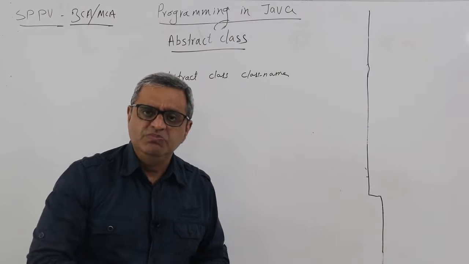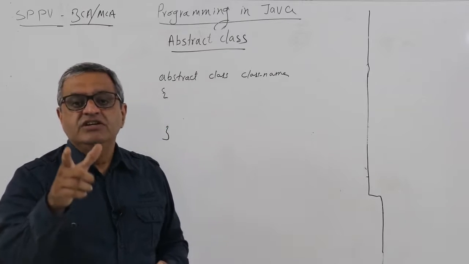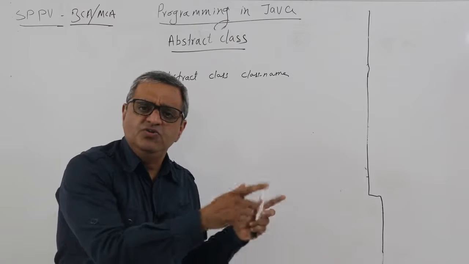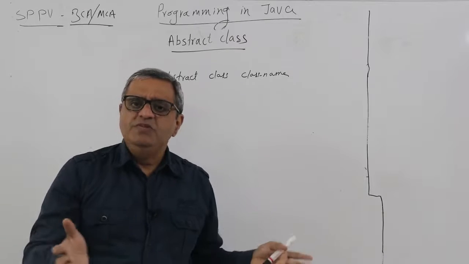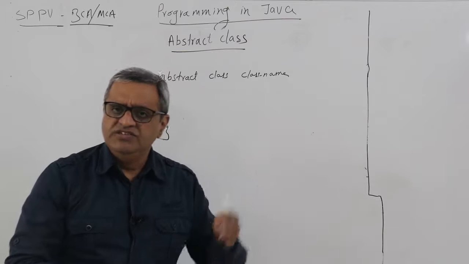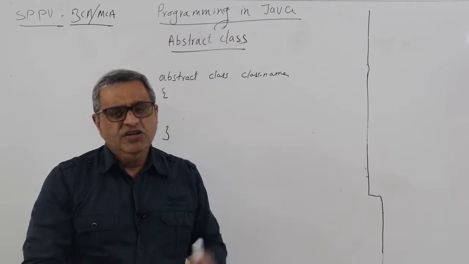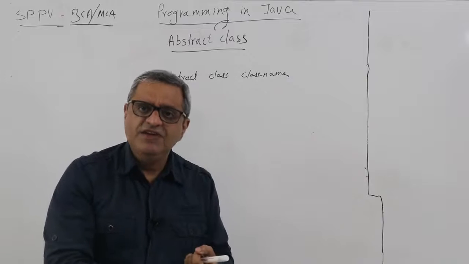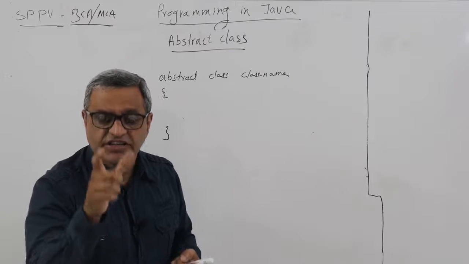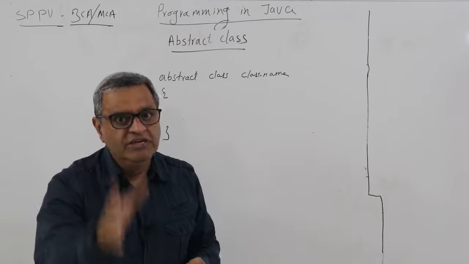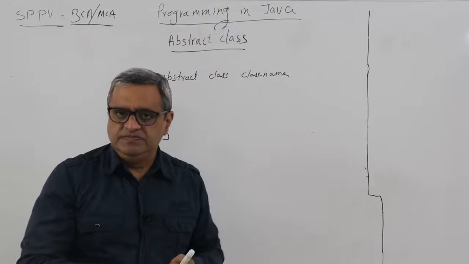So abstract methods are those methods which just have the declaration, similar to what we have seen in interfaces, whereas the normal methods within a class have the complete implementation in them, right? So an abstract class can have abstract methods, that is just the signature of the method, just the declaration of the method, no implementation details. And it can also have normal methods.